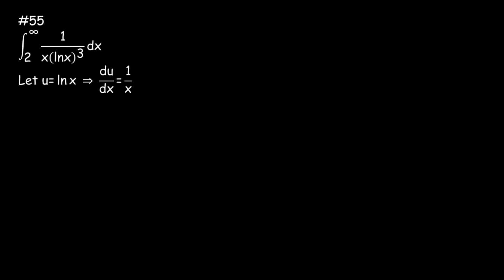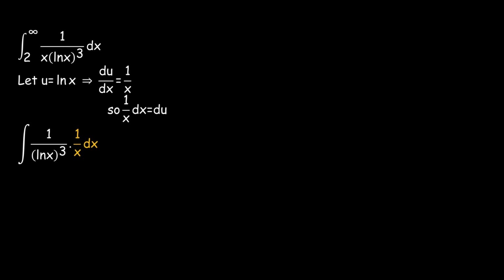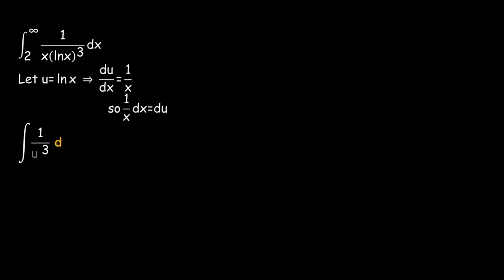So we let u be equal to ln x. The derivative of ln x is 1 over x, and hence 1 over x dx is du. We go ahead and replace that in the equation with just the du. And we're going to have the integral of 1 over u cubed du, which is the same as the integral of u to the power negative 3.